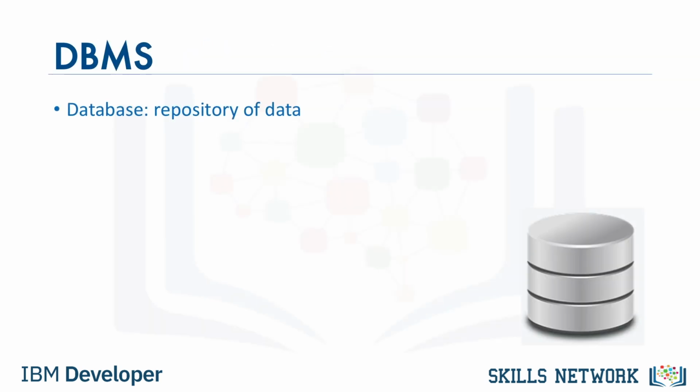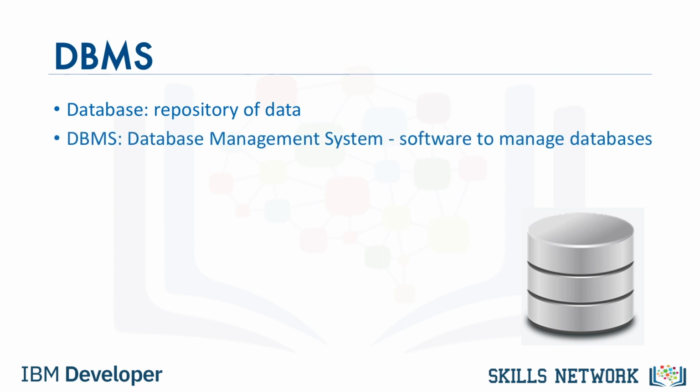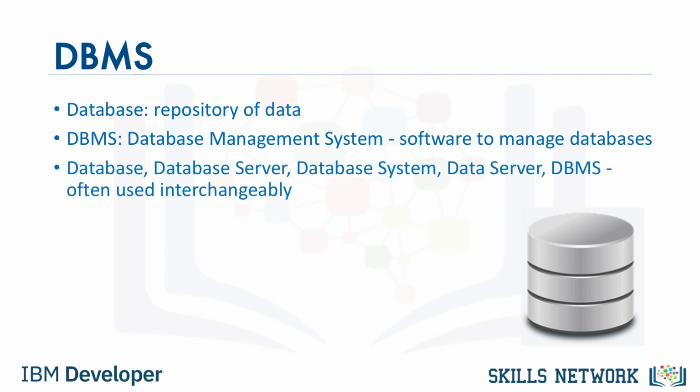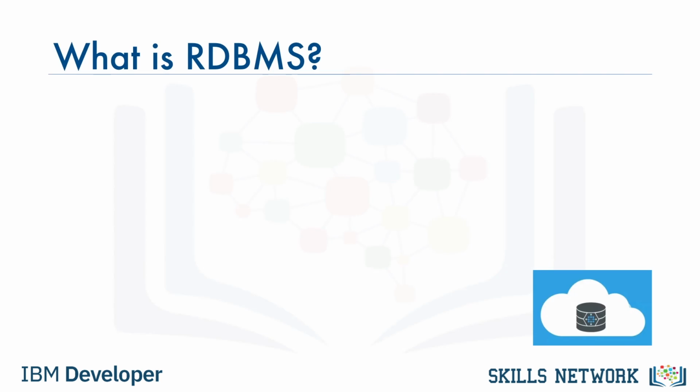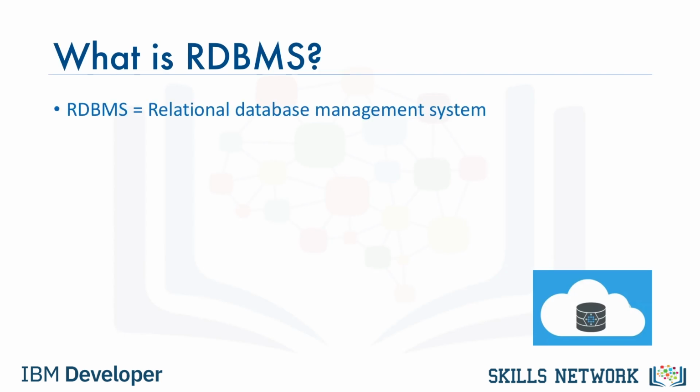A set of software tools for the data in the database is called a database management system, or DBMS for short. The terms database, database server, database system, data server, and database management systems are often used interchangeably. For relational databases, it's called a Relational Database Management System, or RDBMS.